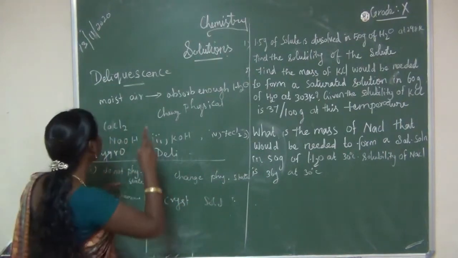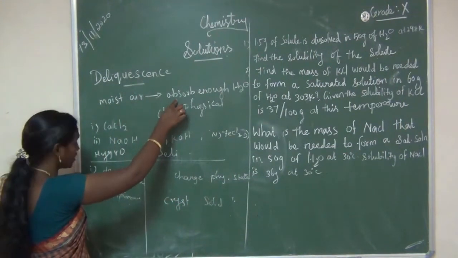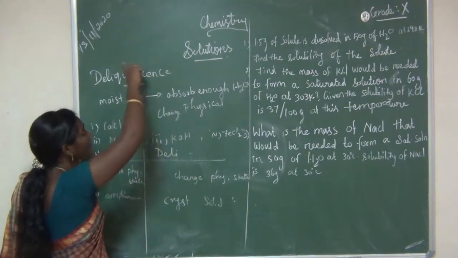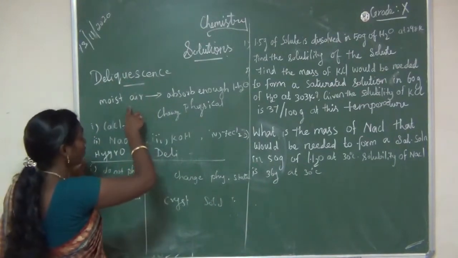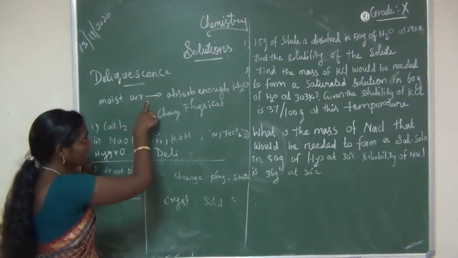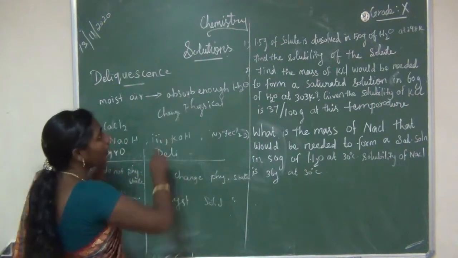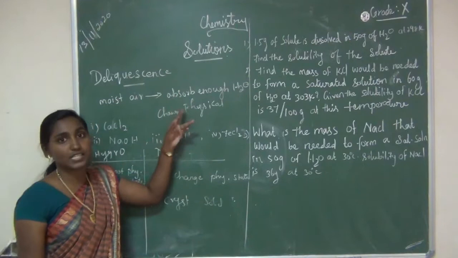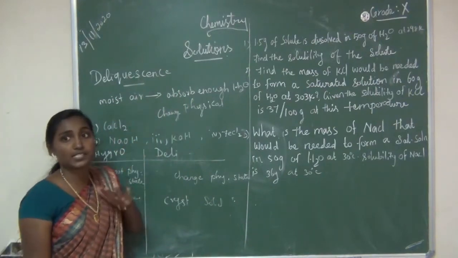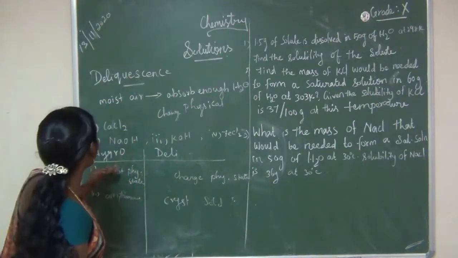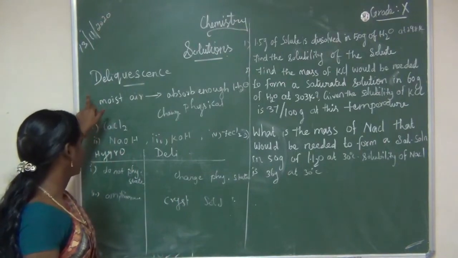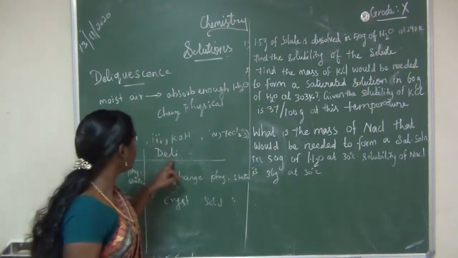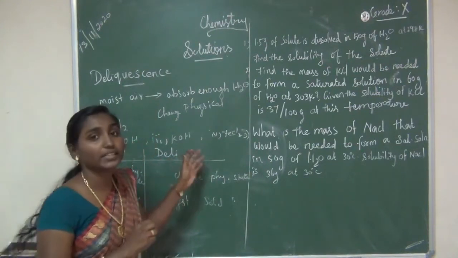One more point is there, which we already discussed. That is the first point. What is the first point? When exposed to moist air, the hygroscopic substance absorbs moisture without changing its physical state, whereas the deliquescent substance absorbs enough water.